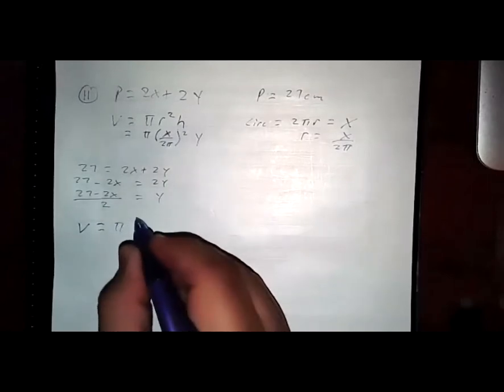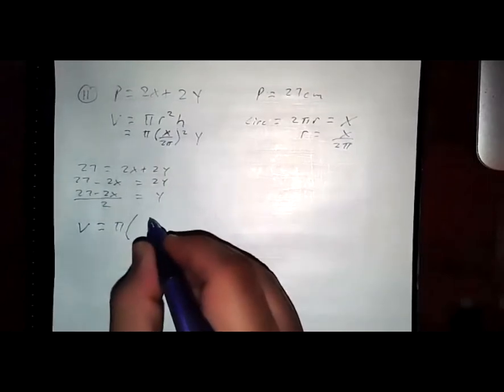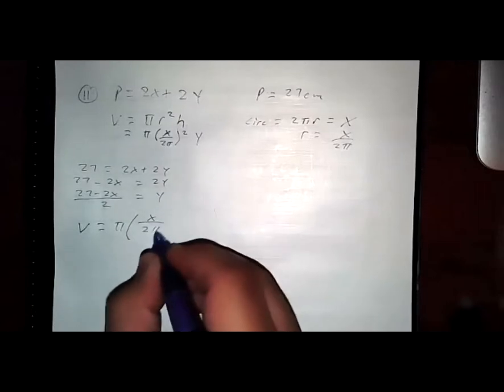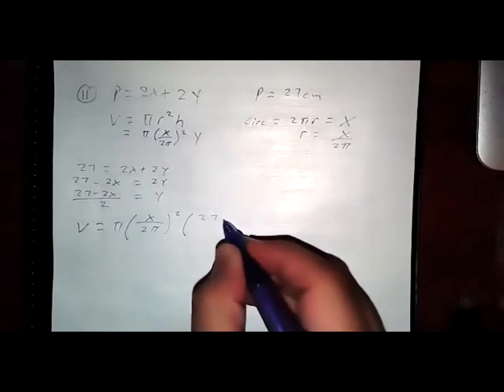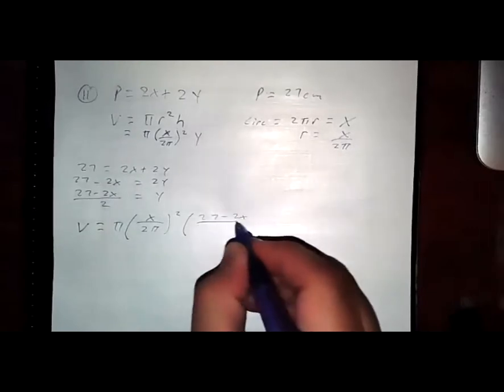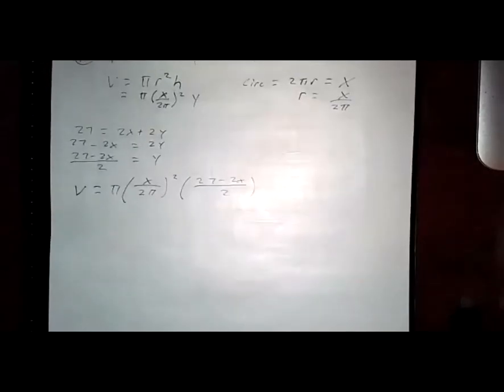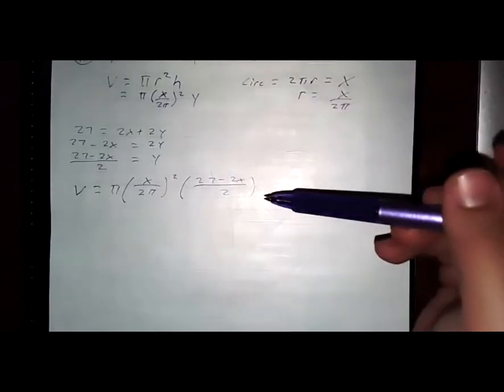It'll be pi times x over 2 pi, squared, times 27 minus 2x over 2. There you go. So now we have V as a function of x, which is perfect. Although it looks disturbing, the math is legit. Are there any questions about how we got here?